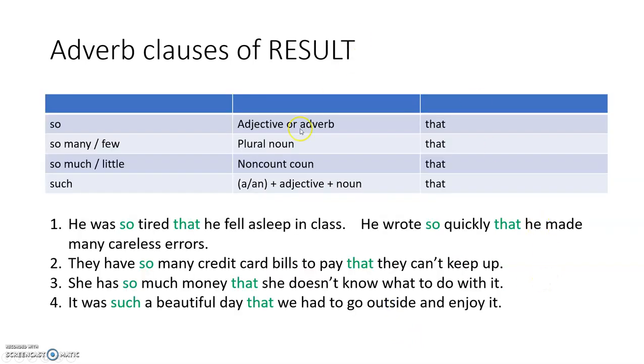Okay, finally, for result, we also use the word so and we use the word that, but notice that there are these other words in between. This is a little complicated. You can see sometimes we also have to use words like many and few, much and little, and also instead of so, we use the word such. So look at the chart.